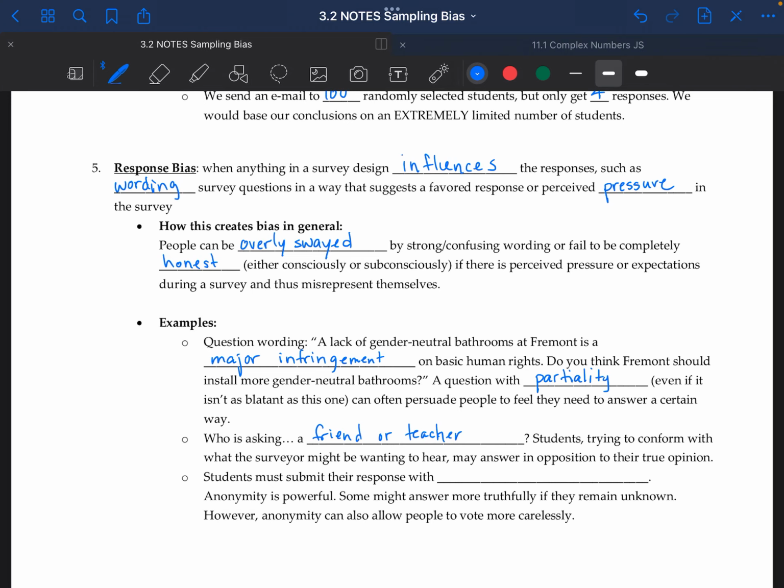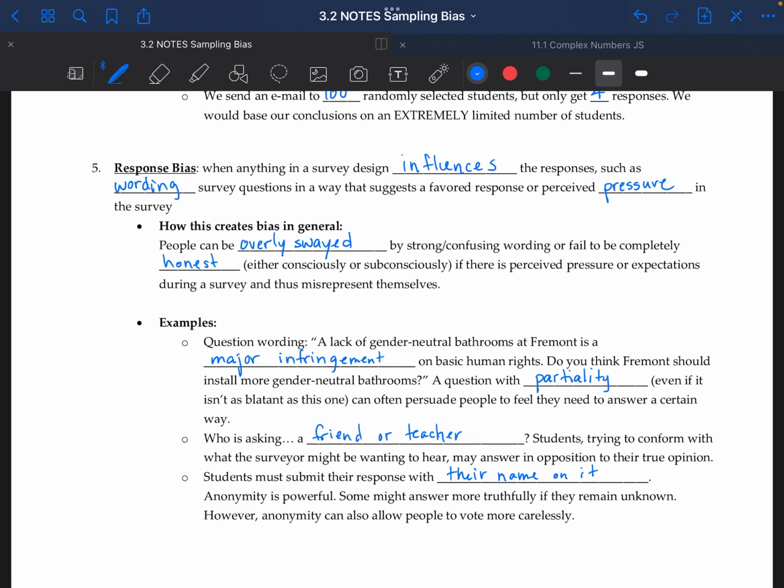The last thing is students may have to submit with their name on it. That's something I was mentioning earlier. Having an anonymous voice in some of these surveys can be really helpful.